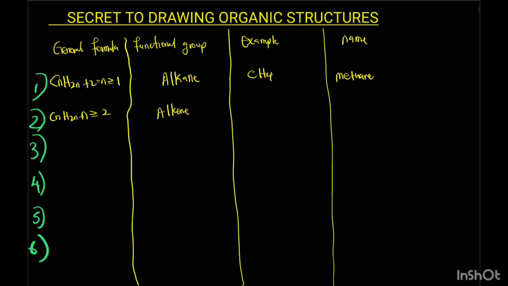Now we have to know that for alkenes, there have to be a double bond, that's the functional group. A double bond between two carbons will signify that we are dealing with an alkene. Whenever you see a compound that has a double bond between two carbons, you know that you're dealing with what? An alkene.